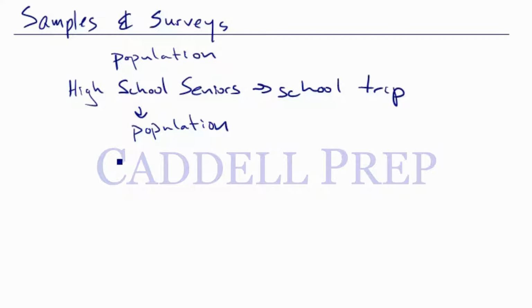But we probably don't want to interview every single high school senior, because that could be 1,200 of them or 2,000. So instead, we want to just look at a part of the group.